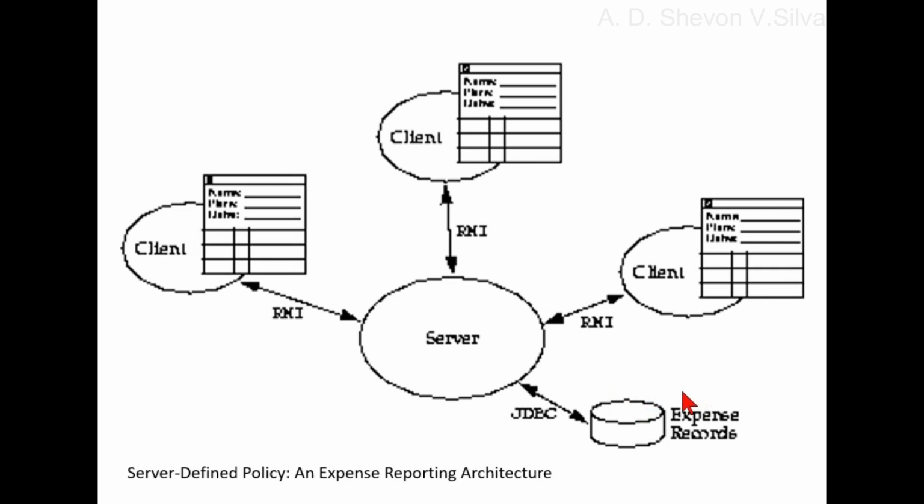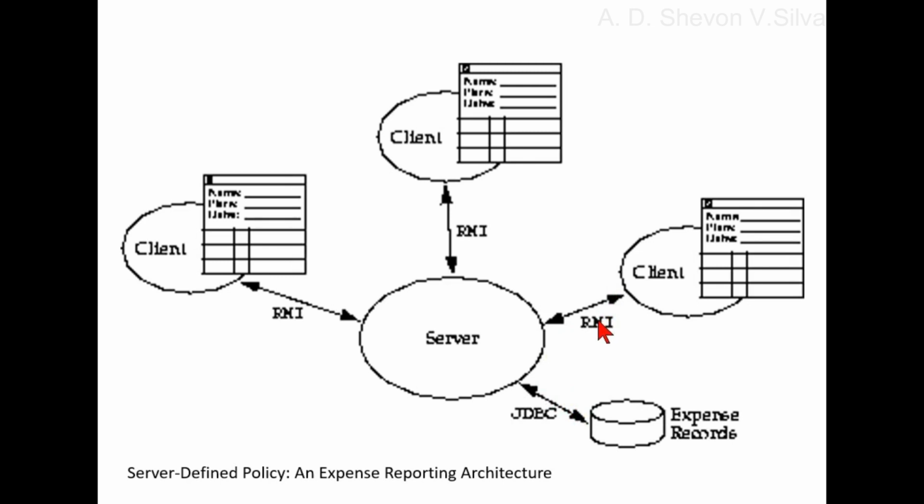With RMI, you can have the client download behavior from the server with a simple method invocation, providing a flexible way to offload computation from server to clients while providing users with faster feedback.